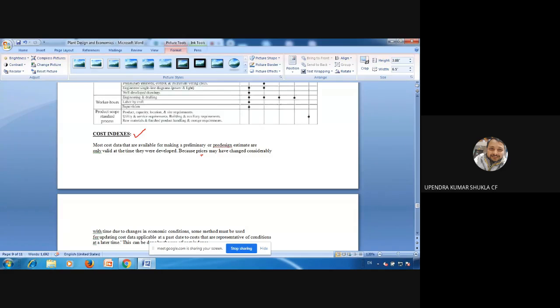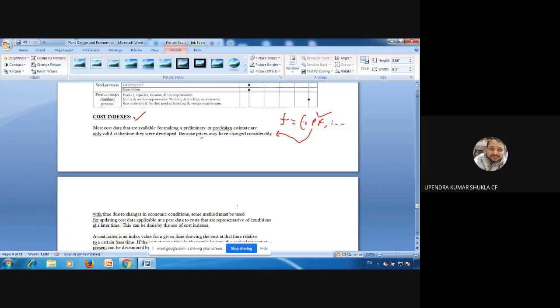Price fluctuations: I told you that cost is a function of many parameters, and one of those parameters is price fluctuations as well. I told you, government policies, company policies, price fluctuations. So I need to take care next of the price fluctuations of the cost. Now the cost is given, but you see the cost is from long ago, so how, with the help of cost indexes, will you estimate the cost at the current time? That is a big challenge.